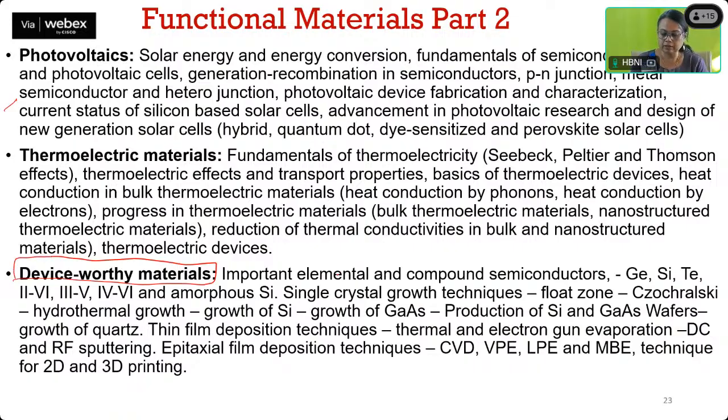So we have done the importance of fundamentals of semiconductors, then important elemental and compound semiconductors: germanium, silicon, II-IV, III-V, IV-VI, amorphous silicon. Single crystal growth techniques we have done till now: growth of silicon, growth of gallium arsenide, production of silicon wafers, and now we are going for thin film deposition techniques.